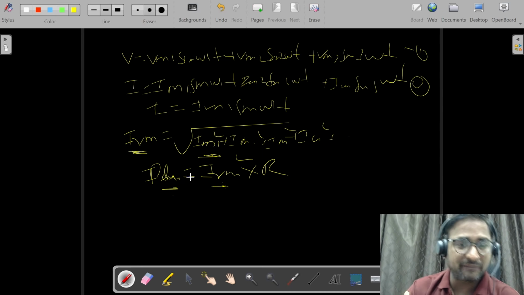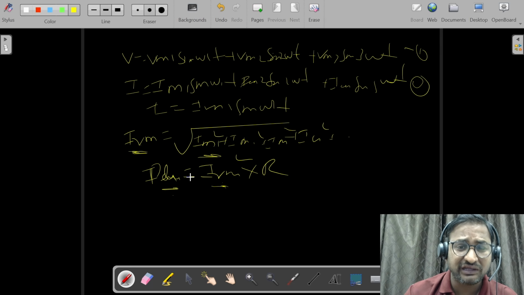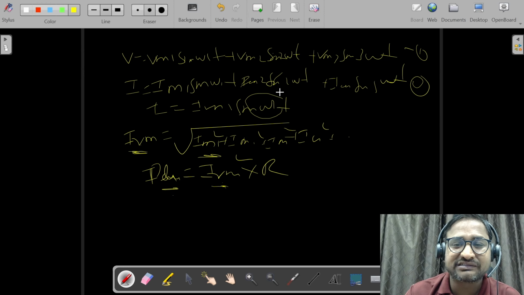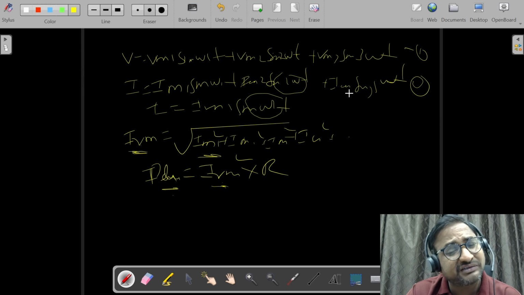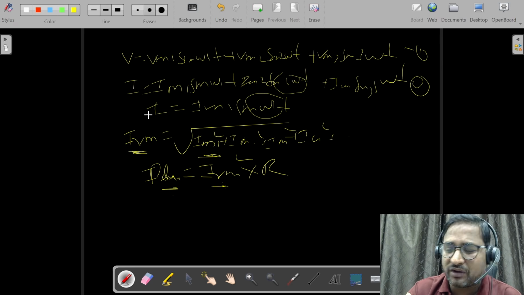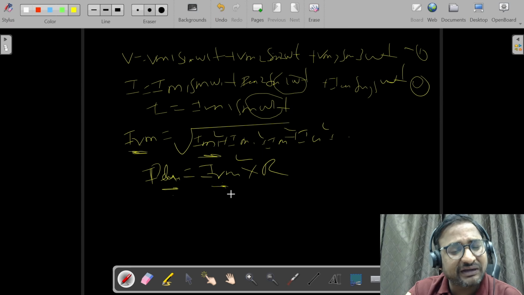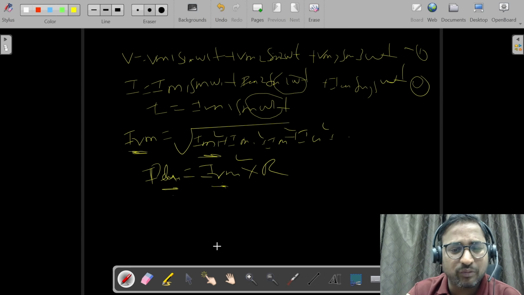Similarly, what happens with the increase of frequency? Here the required fundamental frequency is omega 1 t, but we are getting extra frequencies like 2 omega t, 3 omega t, 4 omega t. What happens if the frequency components increase? Let us consider a transformer. When we operate a transformer in the linear region, there will be no problem.